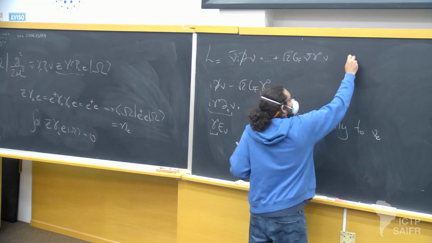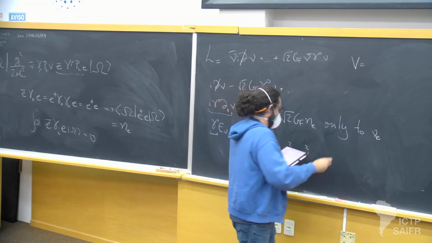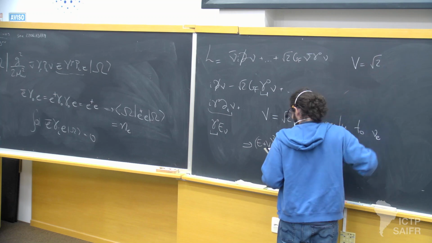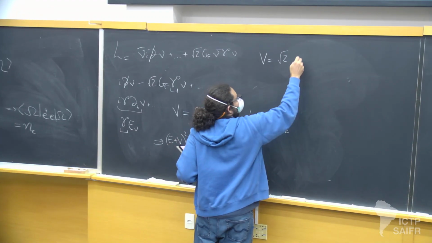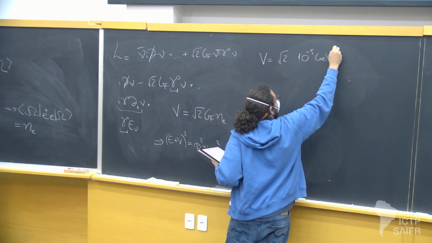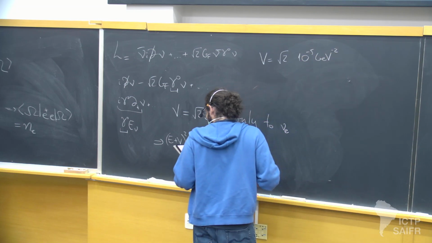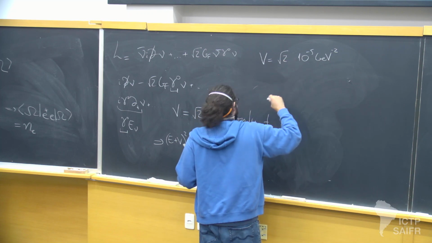So the matter potential is, if I just put this thing, root 2. Then there is G Fermi, which is about 10 to the minus 5 GeV to the minus 2. Maybe there's a 1.1 here, but I don't think I really care.